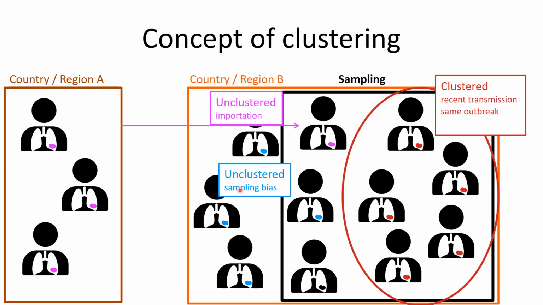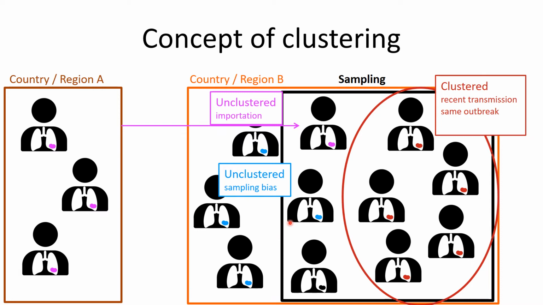In the case of the blue strain, what happened is also very important to bear in mind, because clustering is really sensitive to this kind of bias, which is the sampling bias. As you can see, the blue strain is circulating in our population, and there is recent transmission because we find different patients that harbor the same strain. So the reason it is unclustered in this case has nothing to do with whether the blue strain is transmitting more or less.